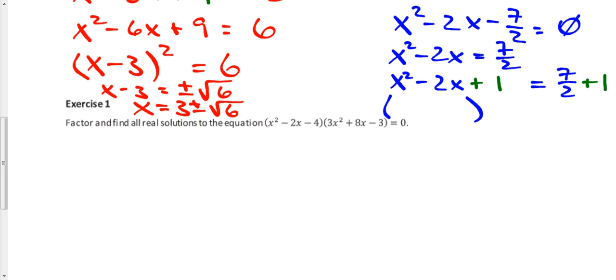So how does this guy factor? It's going to be a squared term. It's going to be x minus 1 quantity squared equals 7 halves plus 1 is 9 halves.